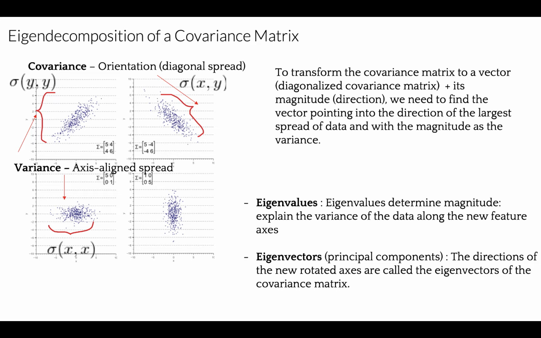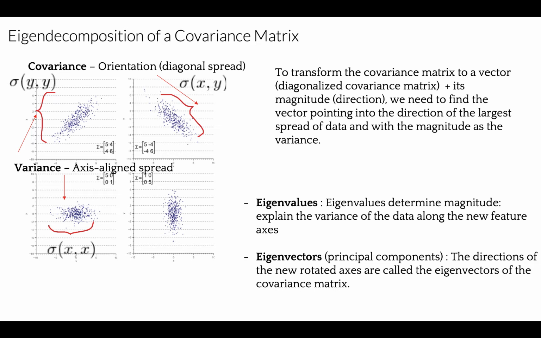So the covariance matrix defines the shape of our data. Diagonal spread is captured by covariance, as we've seen, and variance is captured as axis-aligned spread. We can say the covariance matrix defines both the spread, variance, and the orientation, covariance, of our data.